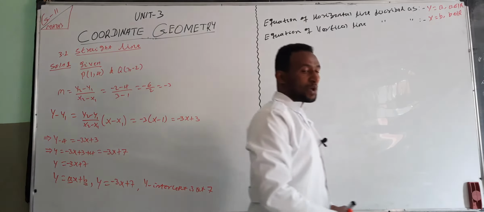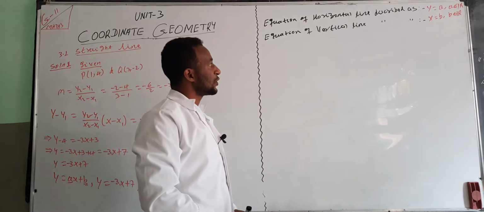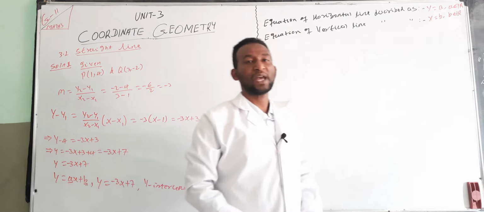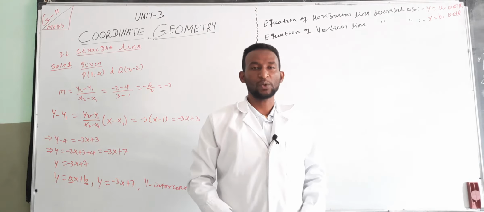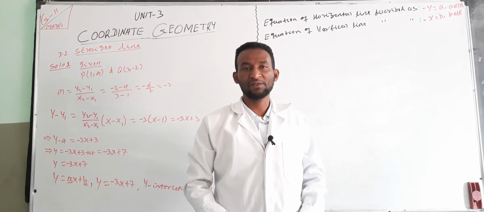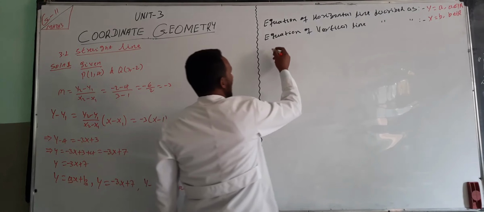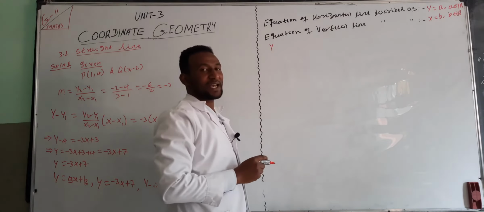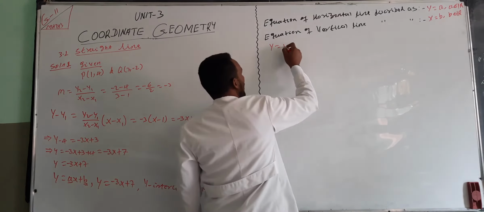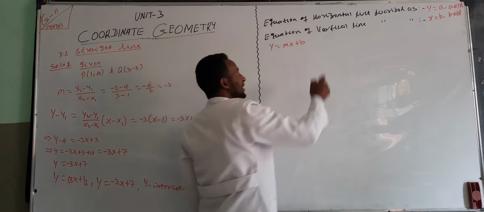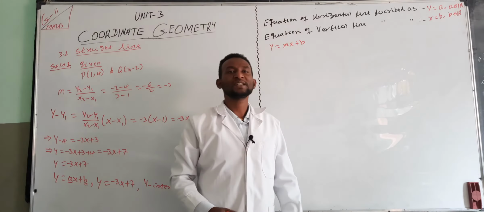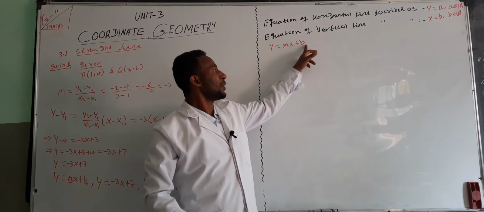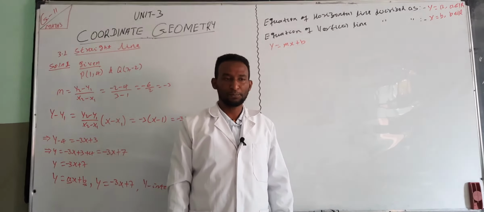An equation which has a slope is expressed as y is equal to mx plus b, where m is the slope of the given line. A line expressed as y is equal to mx plus b is a line with slope m and y-intercept b.